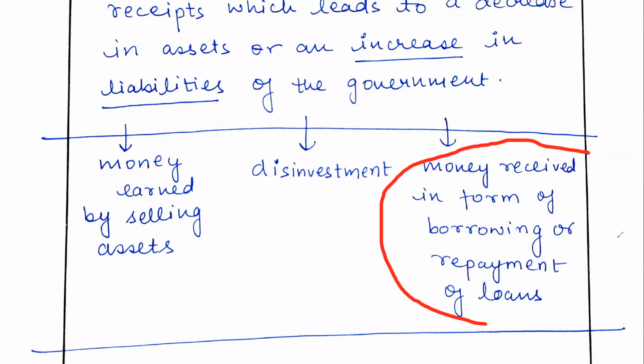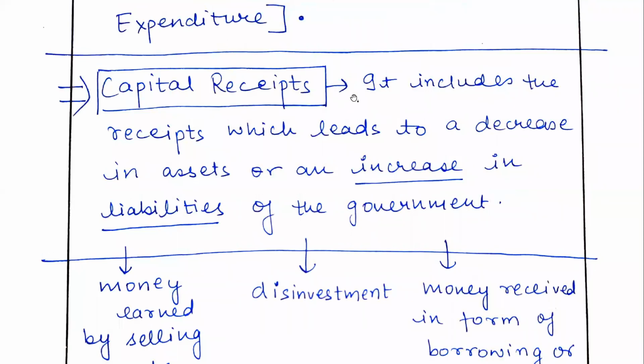यहाँ पर आप देखो, money received in the form of, ऊपर क्या लिखा है पहले आप ये देखें, what is written above. Okay, capital receipts, it includes the receipts which lead to a decrease in assets. Okay, decrease in assets.